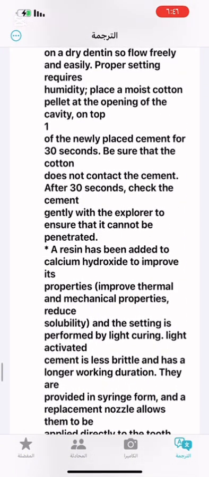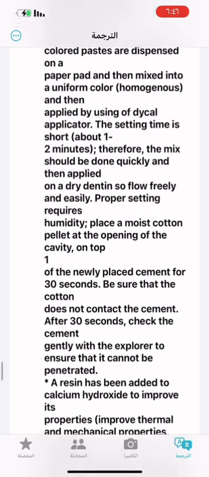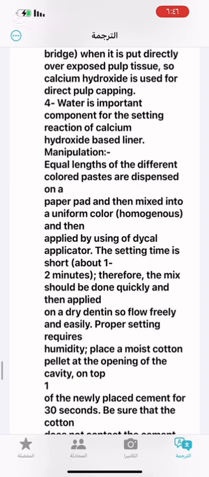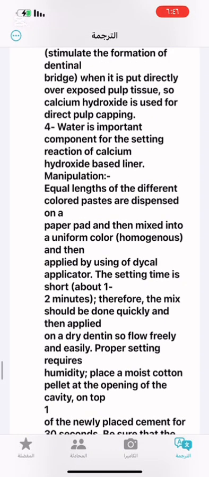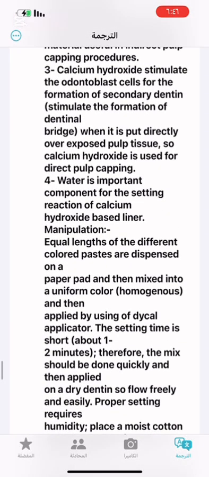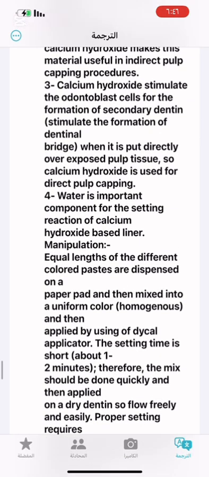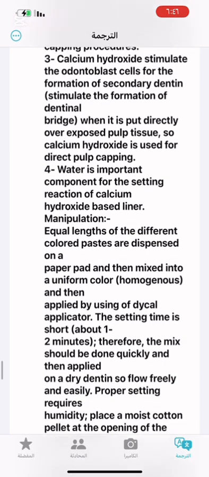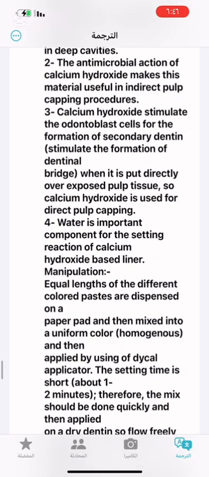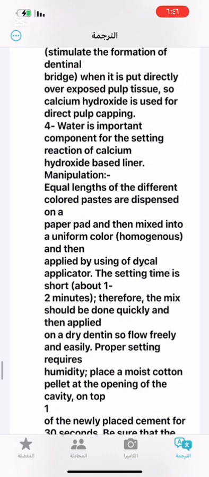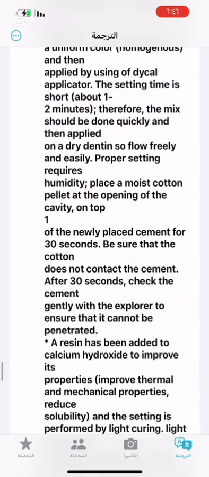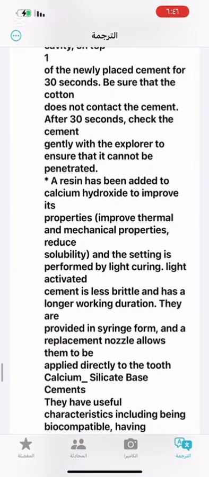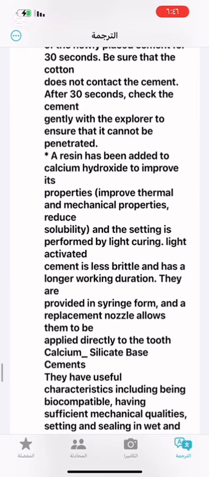Calcium silicate-based cements have useful characteristics including being biocompatible, having sufficient mechanical qualities, setting, and sealing in wet and blood contaminated settings. Their primary drawbacks include a prolonged setting time, a lack of radiopacity, and difficulty in handling. 2.